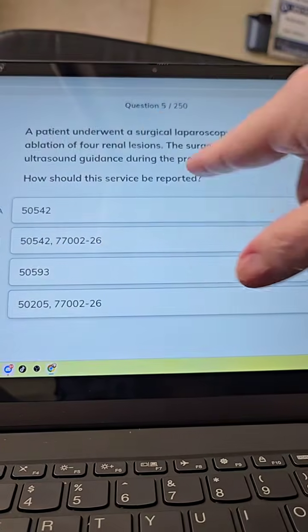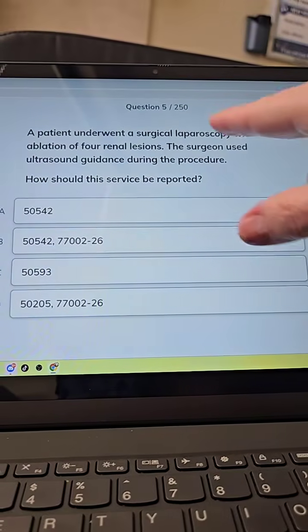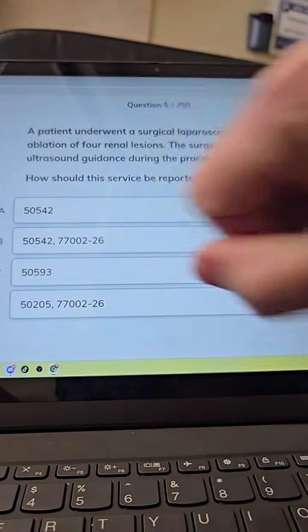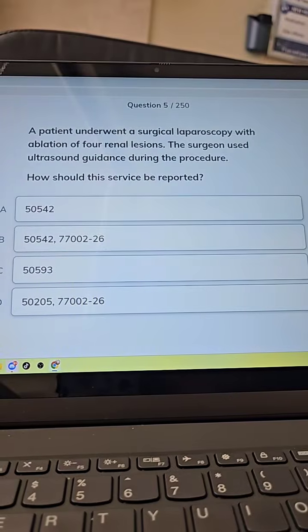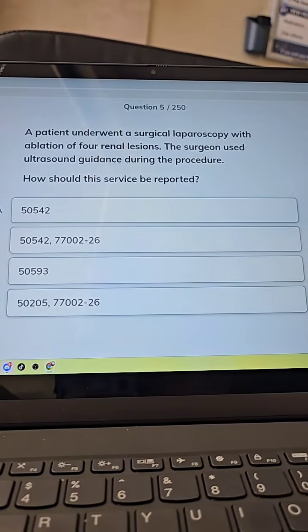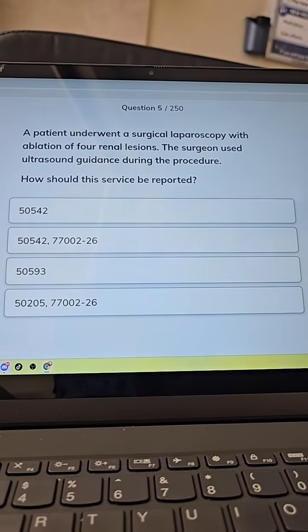But also verify that this is a laparoscopic ablation in the renal area. Are we under the header of laparoscopic? Just to make sure, but what do you guys think the answer is?